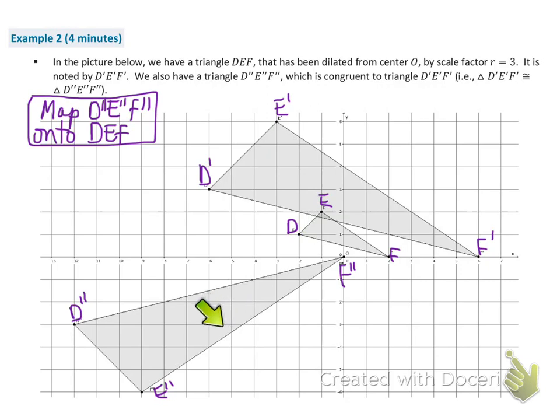And so remember what we did in our last example. We figured out what scale factor would make them the same size. And then we used a translation to map them directly onto one another. Okay, so this problem's a little different. One thing that's different is the scale factor is r equals 3.